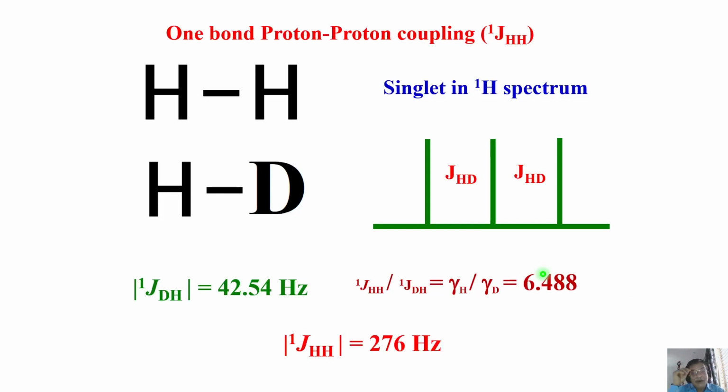If I go for 3-bond, it may be negligibly small. Sometimes you may not be able to measure it; this coupling may be hidden within the line. 3-bond or 4-bond HD coupling you will not be able to see because of the low gamma, 6.45 times lower than that of proton. So that was not a practical situation there.